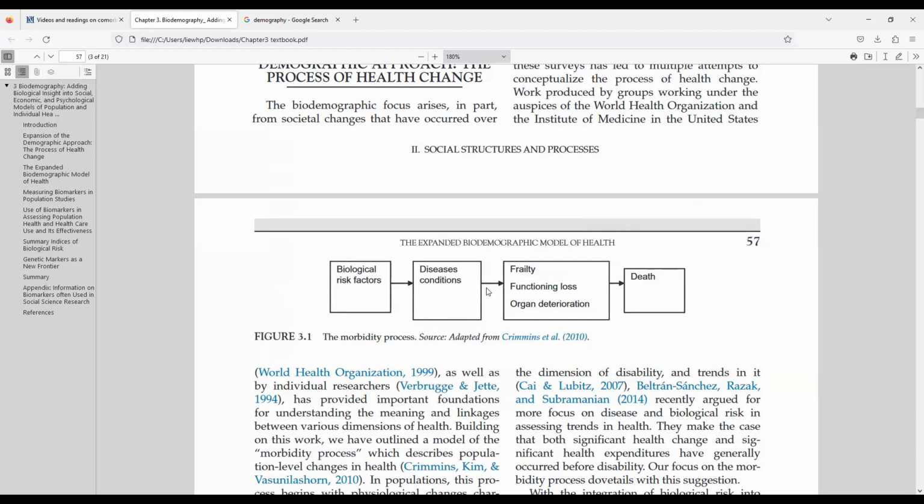This in turn affects the risk for frailty, functional limitations, and organ deterioration. And this ultimately determines a person's chances of death. And at what point? Is it normal death or premature death or something else?